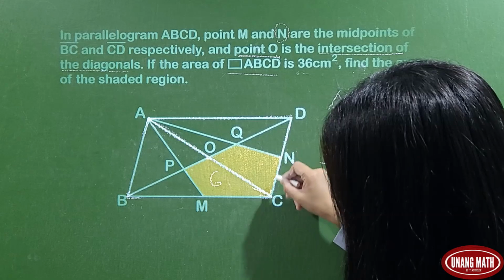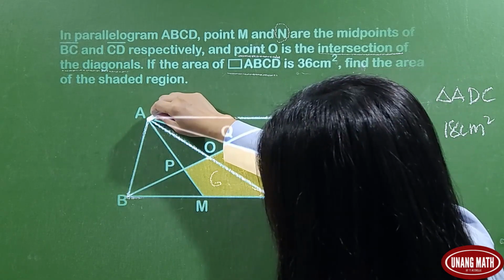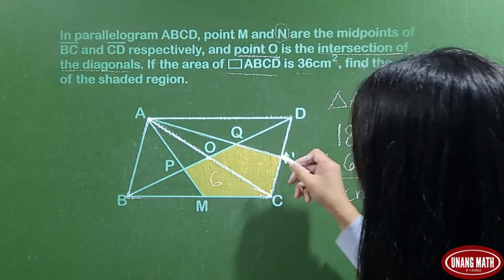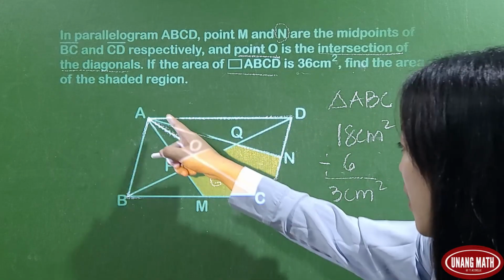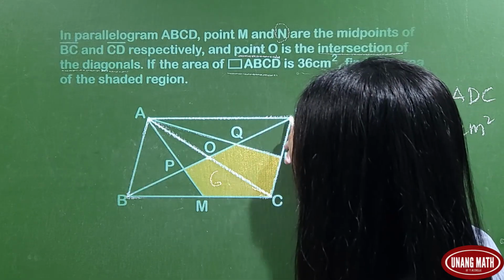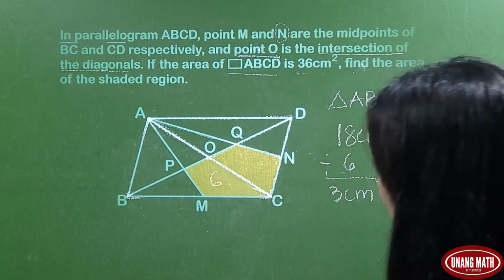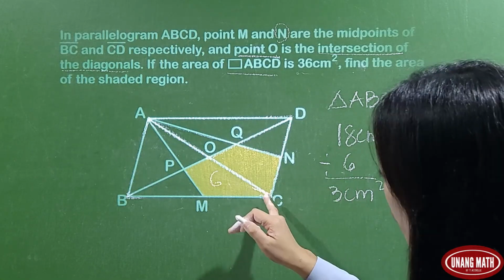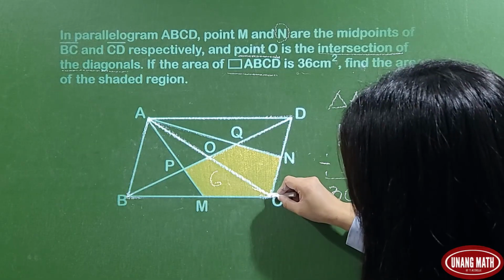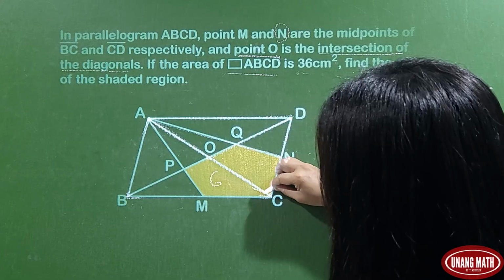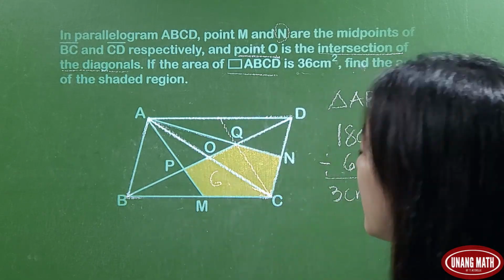Point N is the midpoint of CD. This is a vertex. So from this vertex to this midpoint, segment AN is a median of this triangle. Also from this vertex to this midpoint, segment DO is another median. And if we are going to draw the third median, it would be from this vertex to the midpoint of segment AD. So this is our third median.